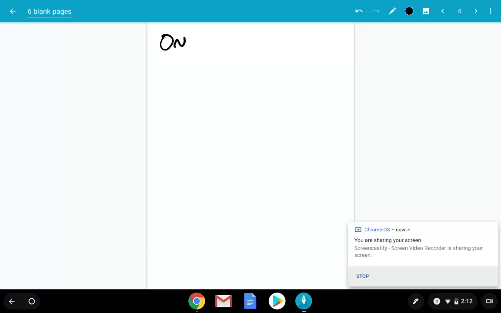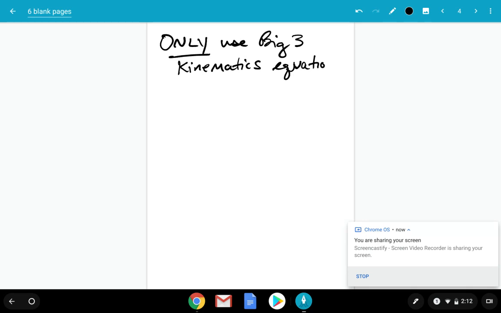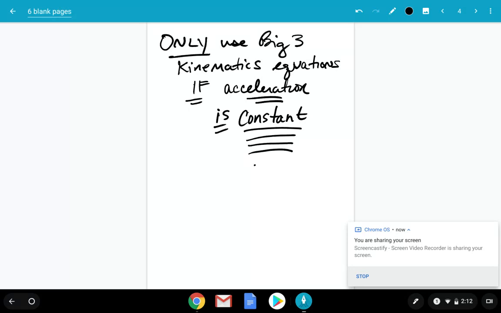You can only use the big 3 kinematics equations if acceleration is, notice I'm doing all of this emphasis here, constant. You have a constant acceleration.